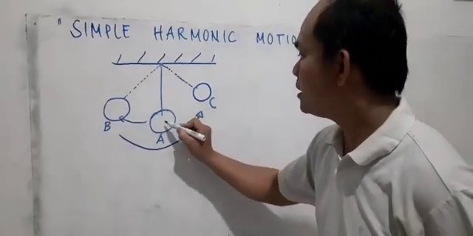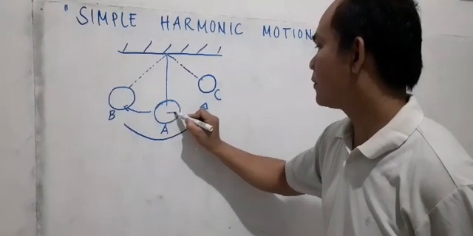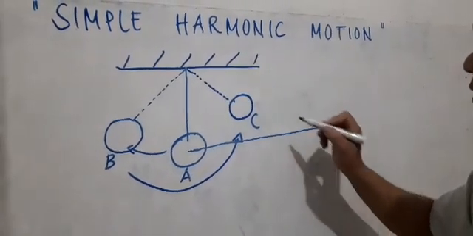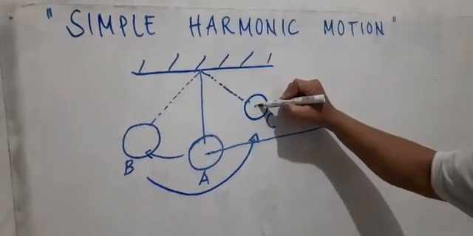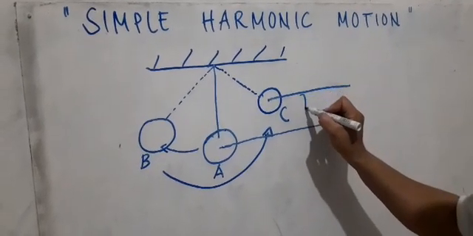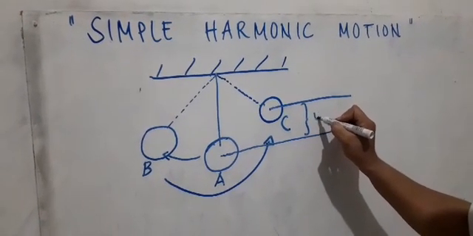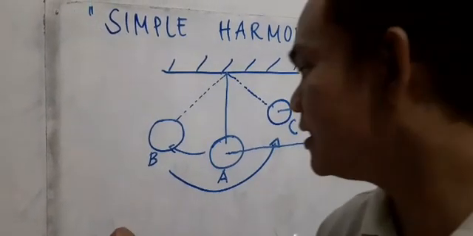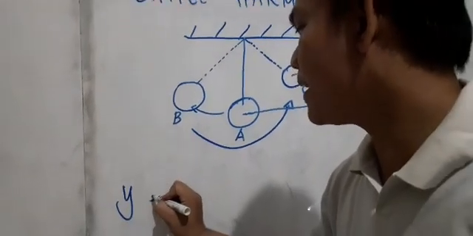If we take a line from the equilibrium position, a line like this, and then a line from this position like this, we can get the distance between them. That is y. So y is the deviation of the pendulum.